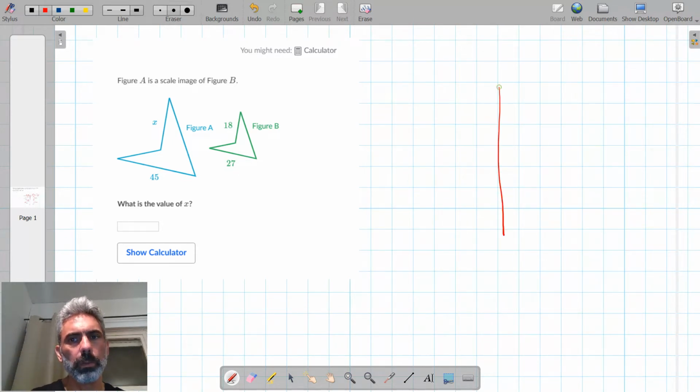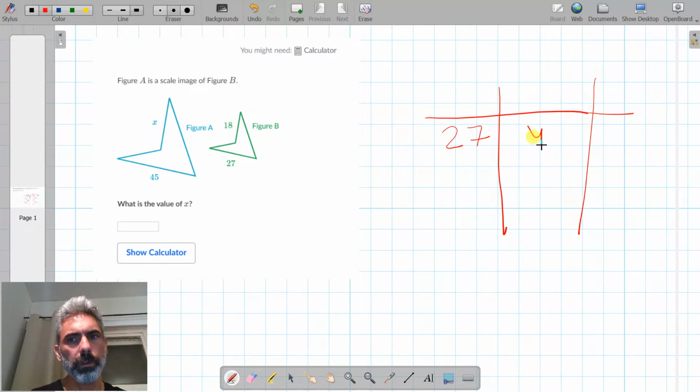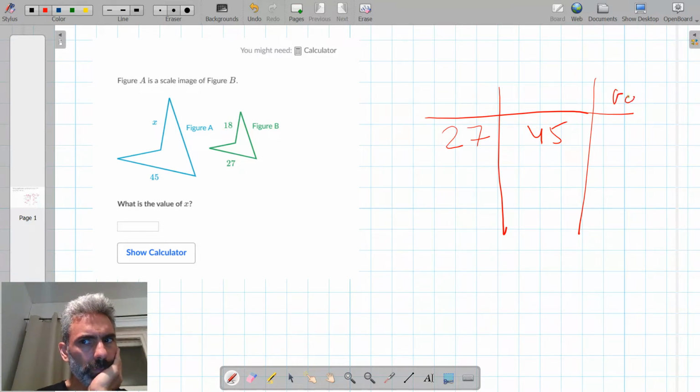Okay, so the ratio between 27 and 45. 45 divided by 27.